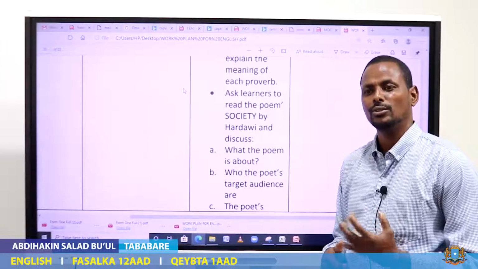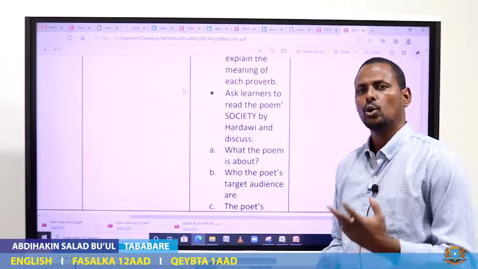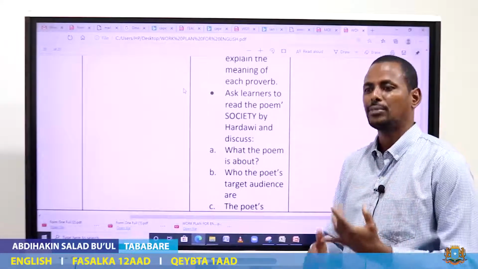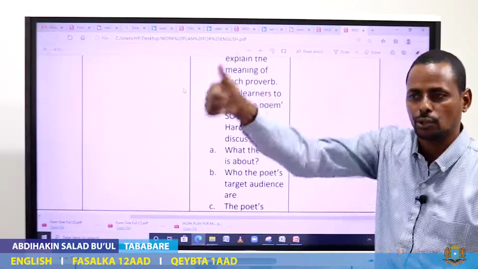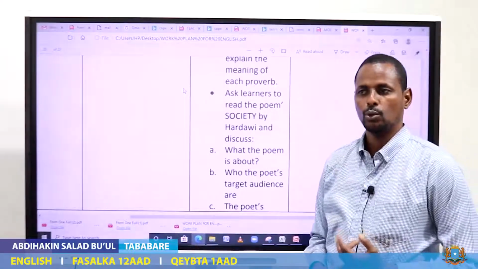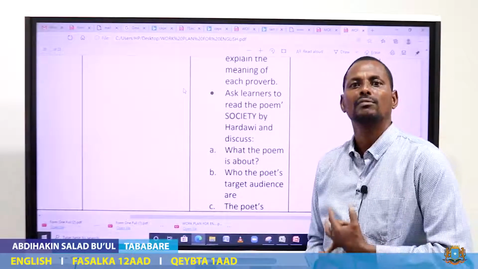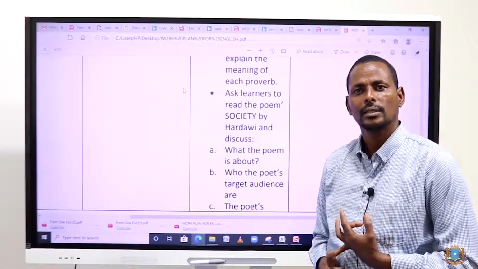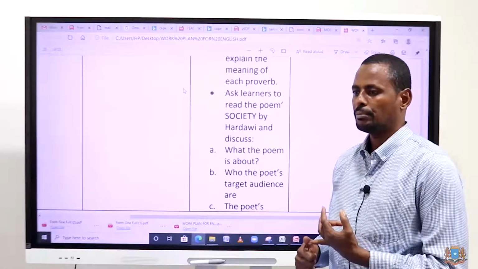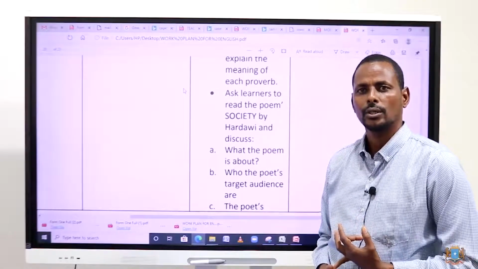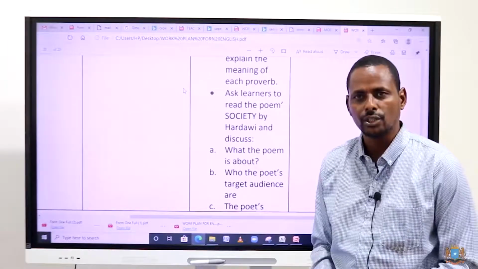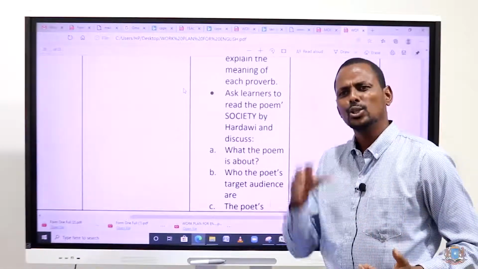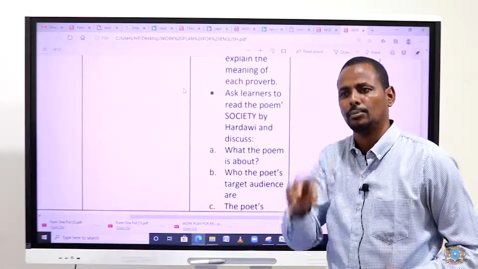When we talk of setting, we talk in two scenarios. One, time setting. When was this poem composed? Was it a time when there were no mobile phones, no internet, olden days? Was it performed or composed at this modern age? When you look at the time setting, you will easily identify the themes in that poem.